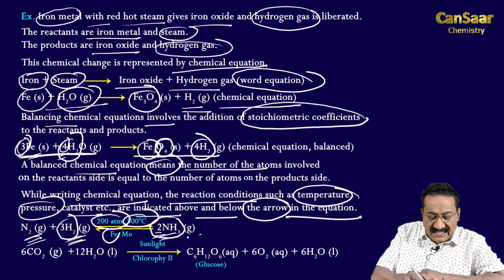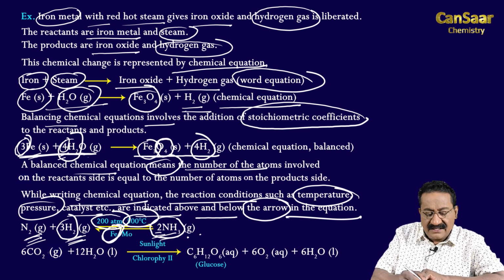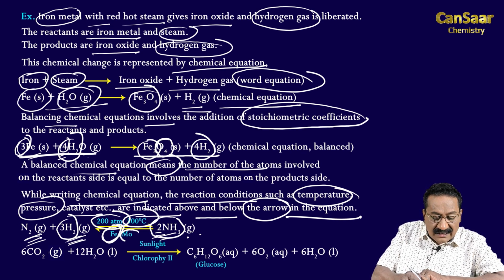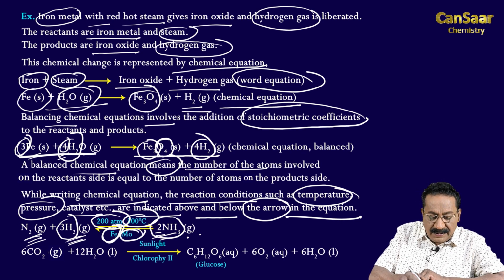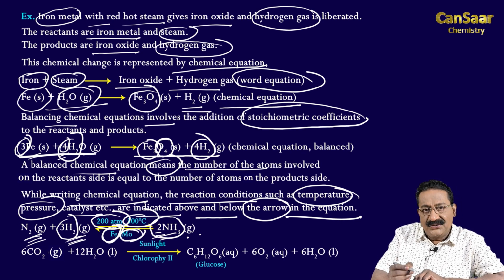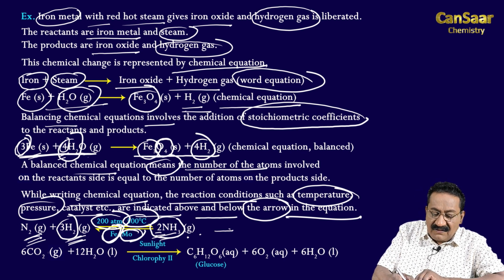Iron acts as catalyst. To increase the efficiency of the iron catalyst, we have a promoter. Molybdenum metal is used as promoter. Of course, this reaction is a reversible reaction.